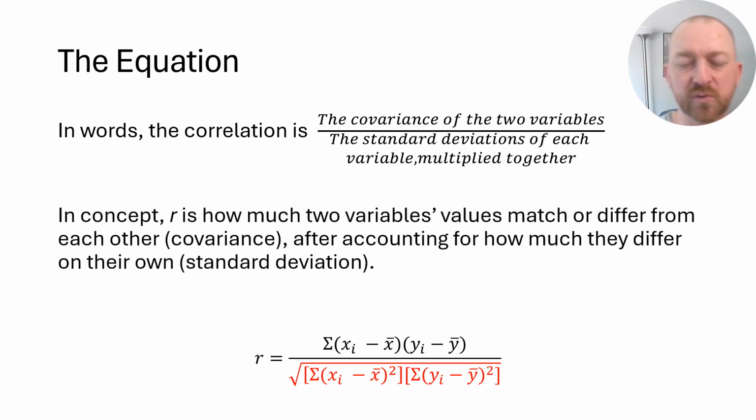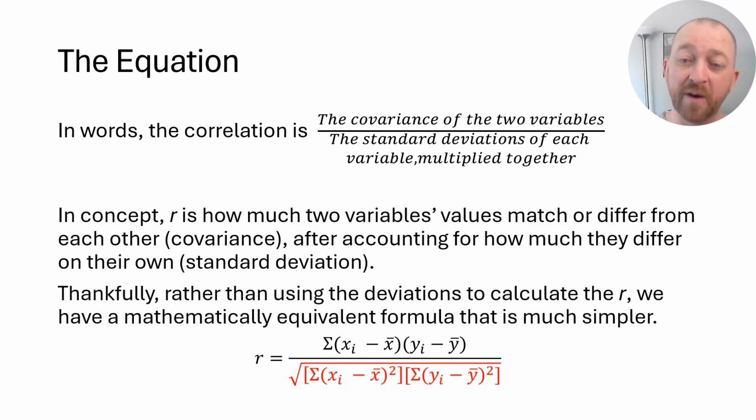You could also think of it as how much the values seem to deviate similarly together, divided by how much variation there is in the variables themselves. It's a very exquisite way to think about correlation. It's actually quite interesting the more you get to know it.